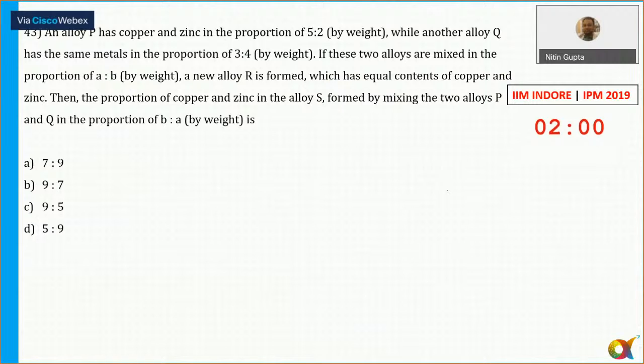So please try. One minute and 30 seconds is remaining now.